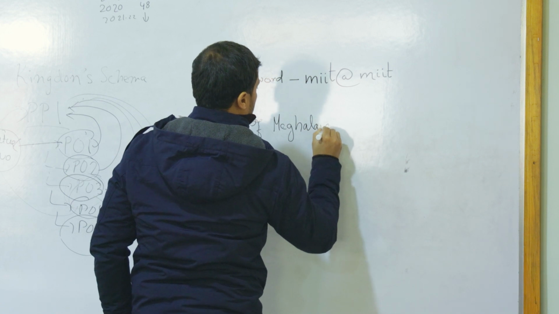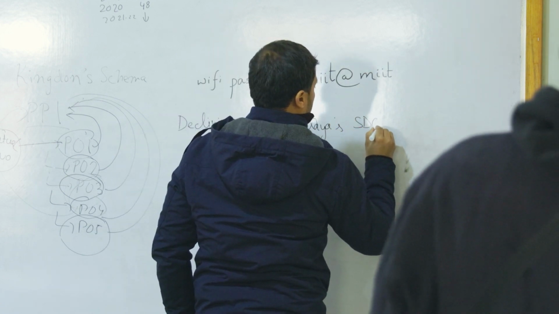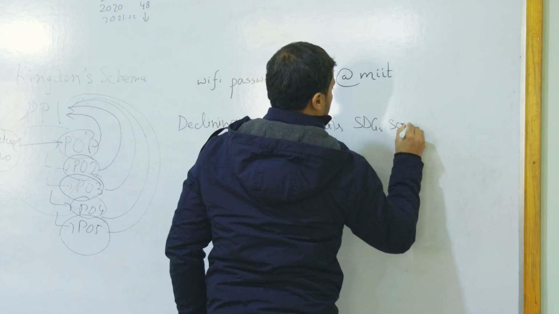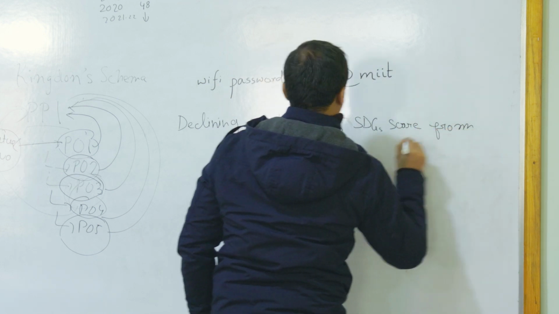Declining of Meghalaya's SDG 4 score from 55 in 2019 to 48 in 2020.